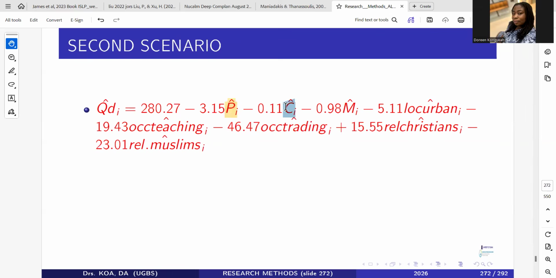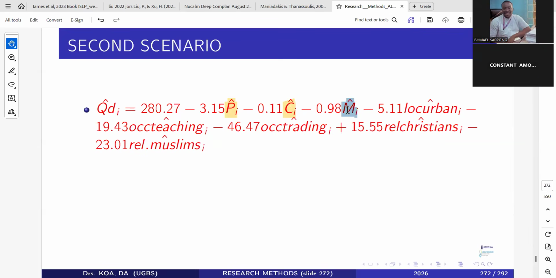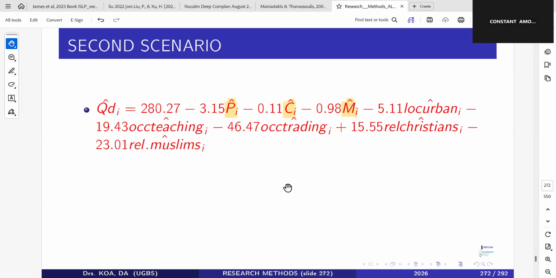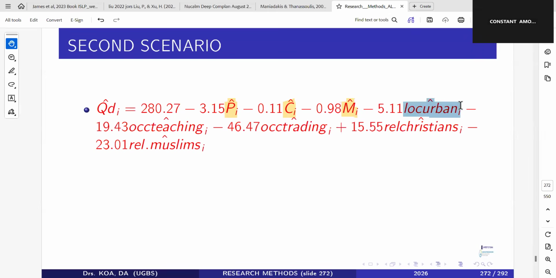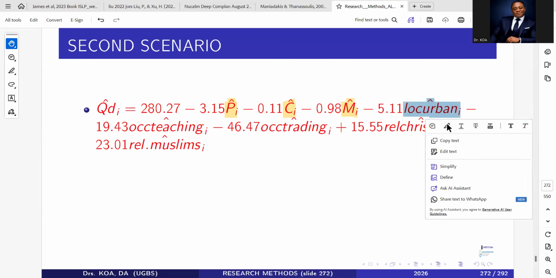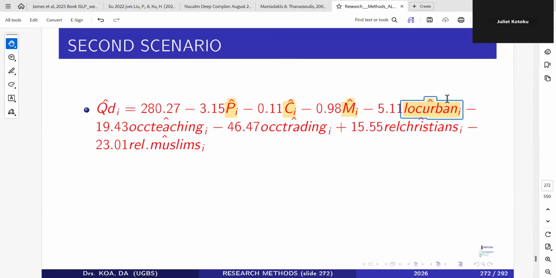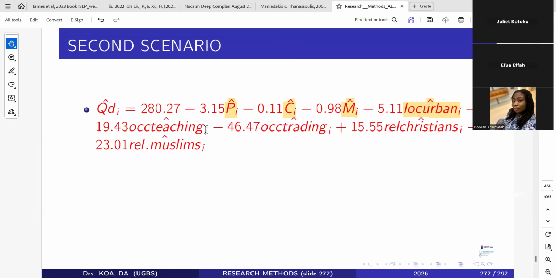C will be given a value of what? Ishmael? 15. M will be given a value of what? Constant. 20. Log urban will be given a value of what? Remember, the people are Buddhist fishers in a rural area. Juliet? 0.